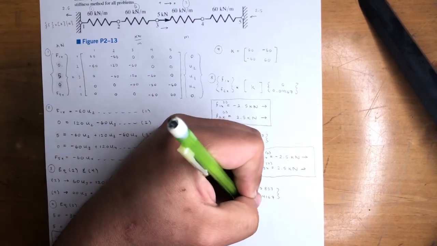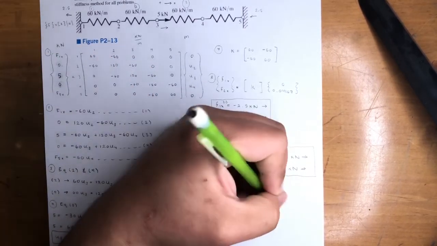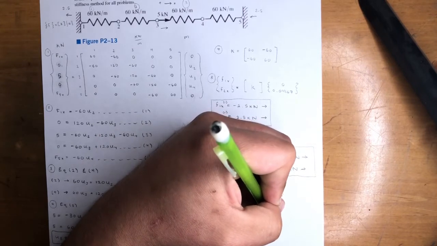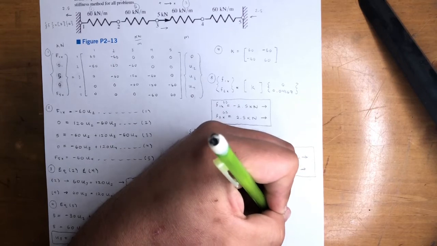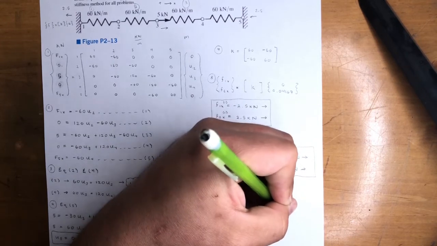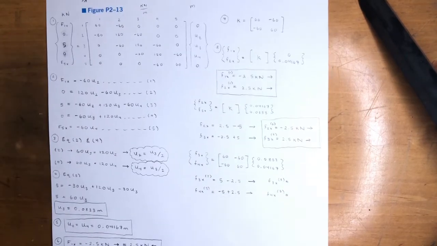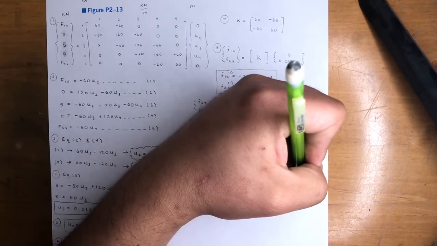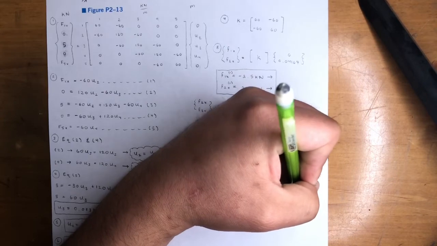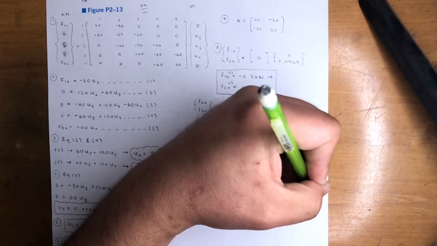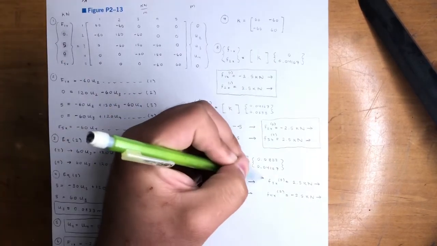Signs just switched. Do some arrows. We will get F3x of element 3, F4x of element 3 equals 2.5 kilonewtons to the right, negative 2.5 kilonewtons to the right.